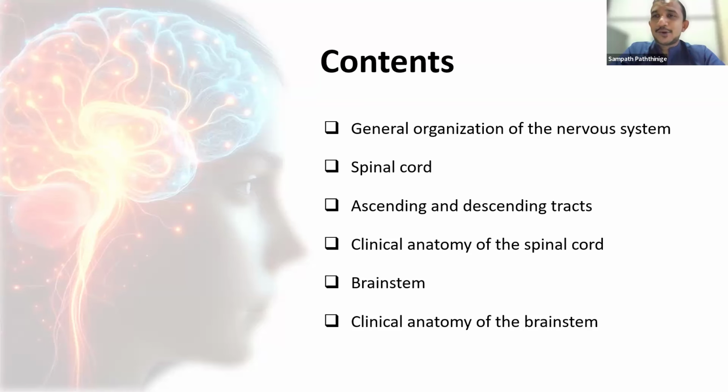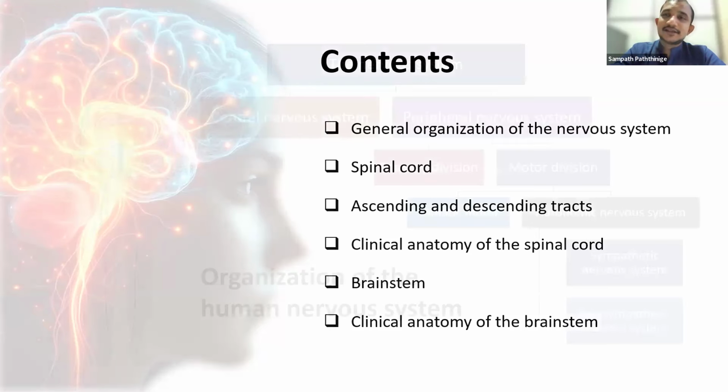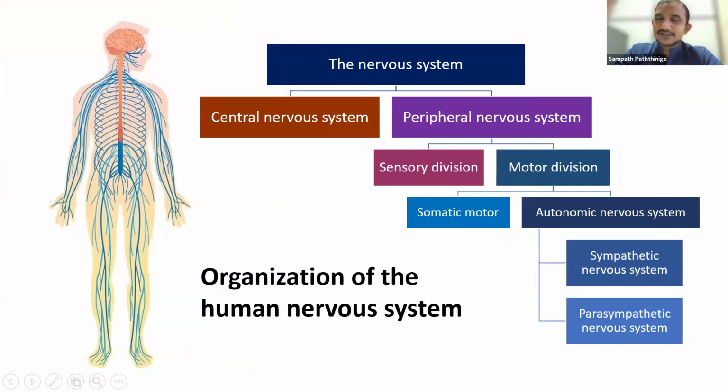Just take 5 minutes to look at what the nervous system is. We know the human nervous system has a central part, the central nervous system, and the peripheral nervous system. The peripheral nervous system can be basically divided into the sensory division and the motor division, right?